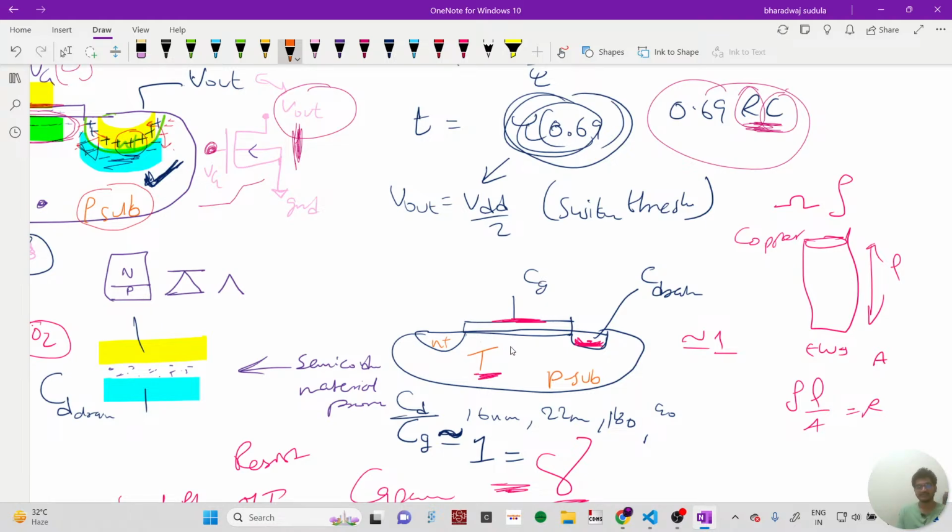It also depends on the length and width of the channel. Width plays a significant role in the resistance. If you increase the width, resistance will reduce, we all know that.